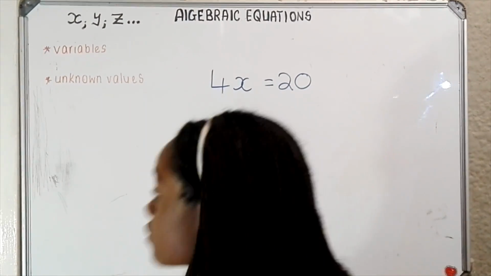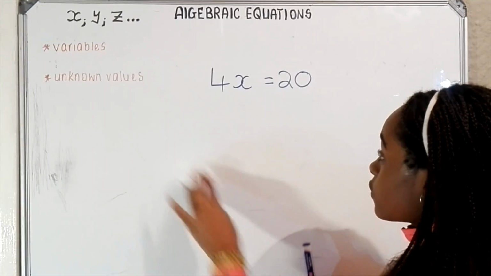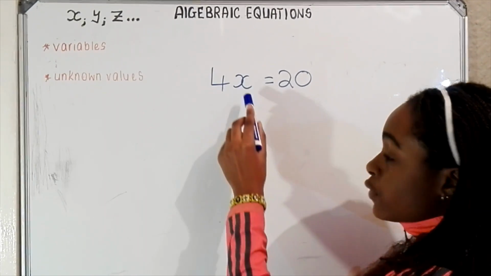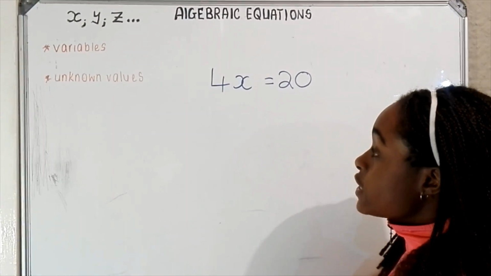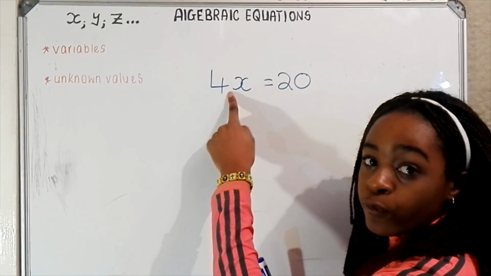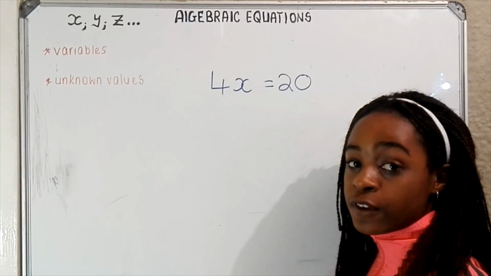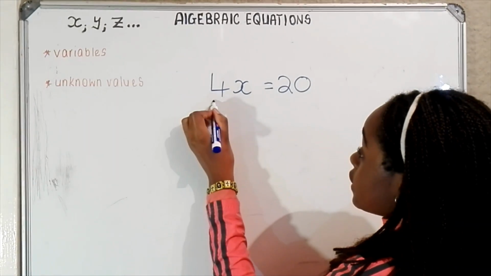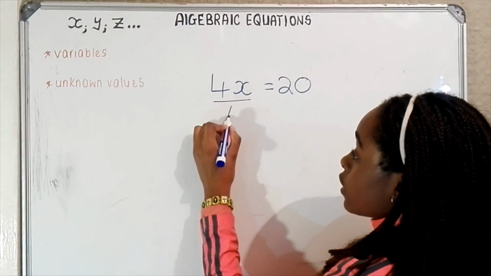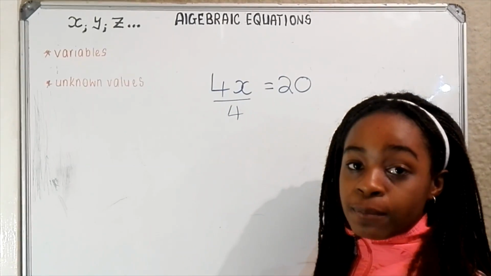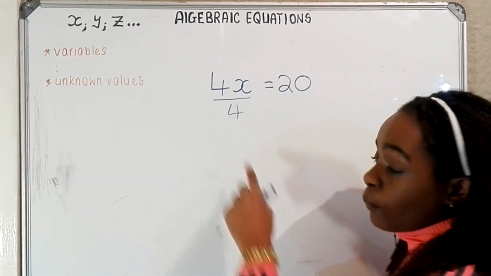Okay? So in order for us to find out the value of x, we know that we're multiplying 4 by x, and the opposite of multiplication is division. So we divide by 4, and notice that when we divide by 4 we write it in fraction form.